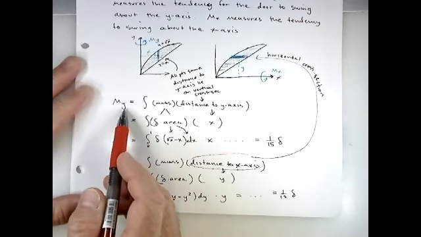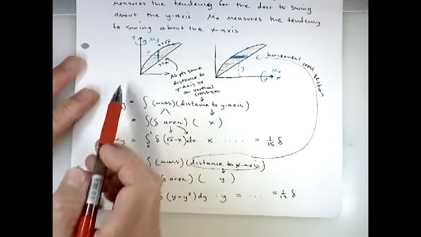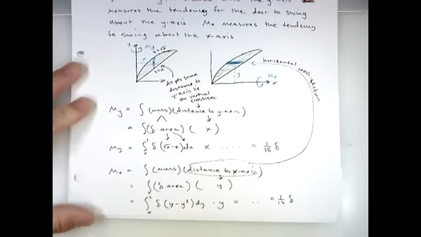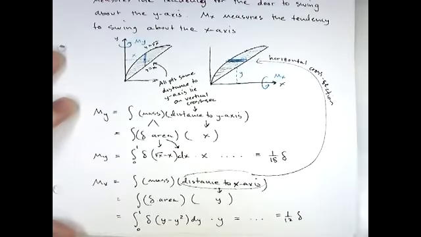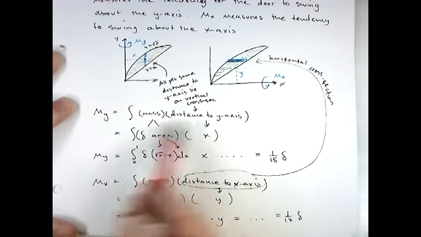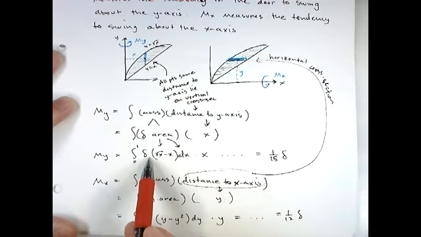So here we go. Moment about the y-axis is mass times distance to the y-axis. That will be x. Whoops, let's zoom that in a little bit. And we know mass is delta times area this time, instead of delta times length on the previous one.